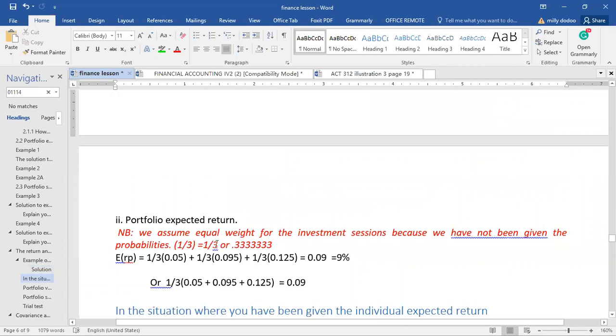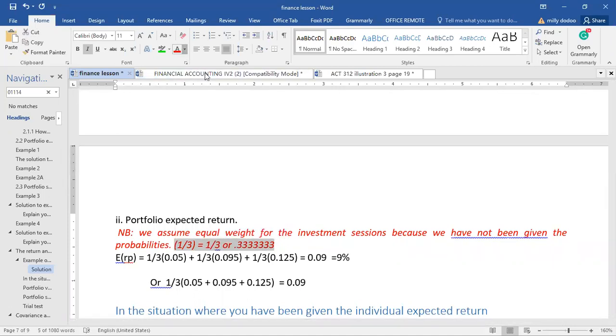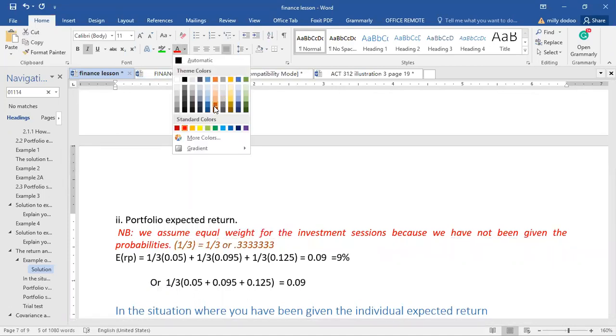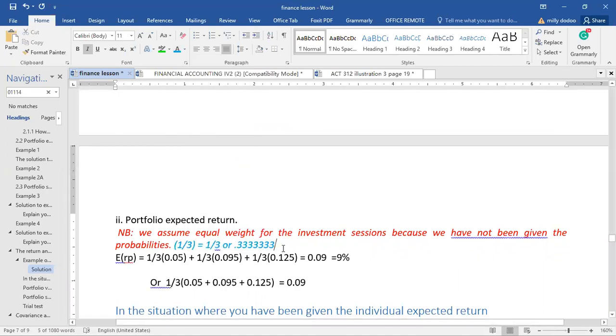And because we have 3 sections, and we are saying that probability is always equal to 1, then what do you do? You divide the 1 by 3. And your answer you should be getting is 1/3 or 0.33.